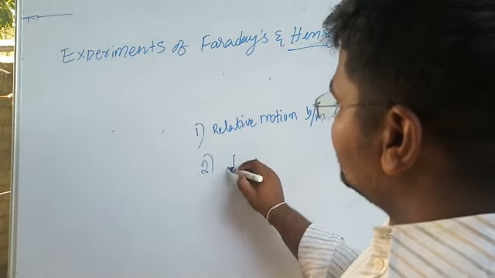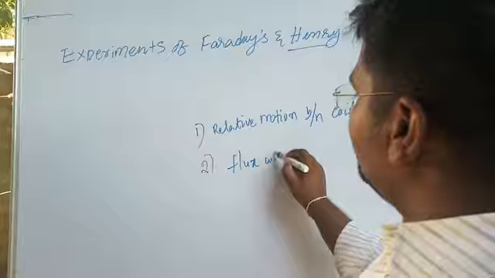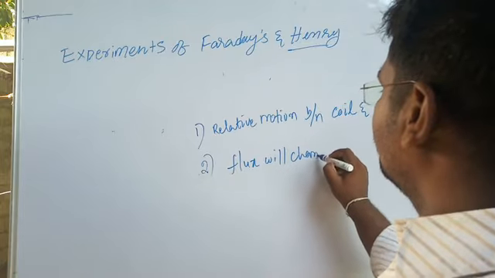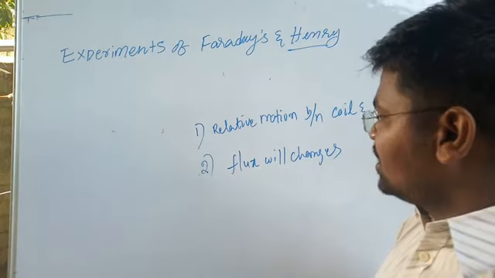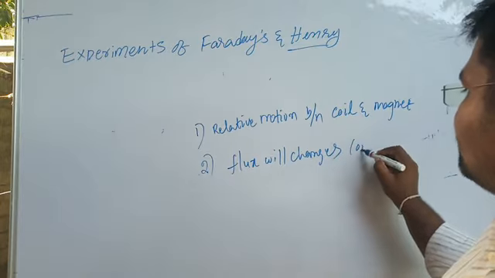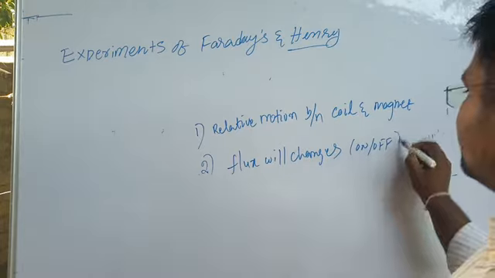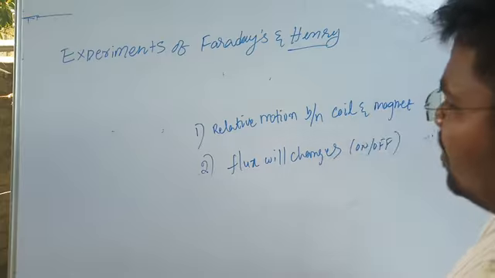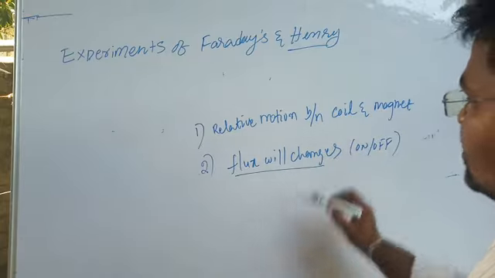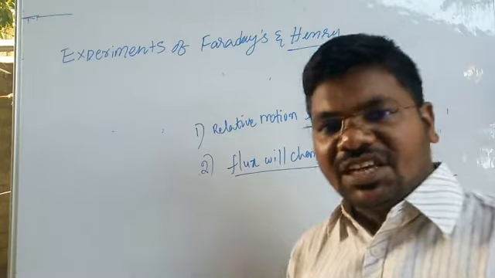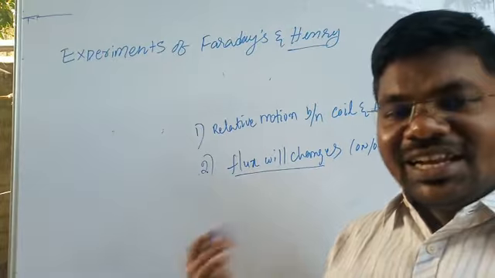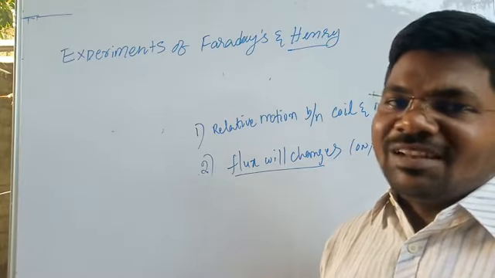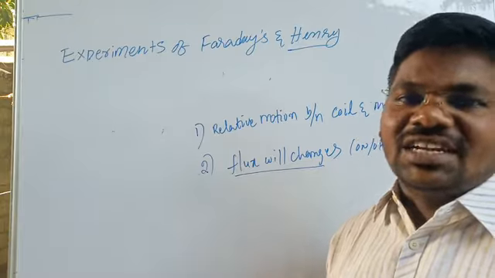Otherwise, the flux will change. Flux means on off. By continuously switching on and off, the flux will change. The change in flux linked with the coil produces induced current in the coil.